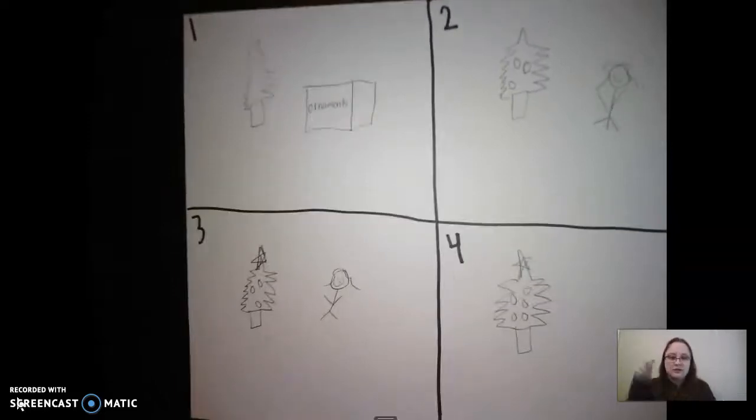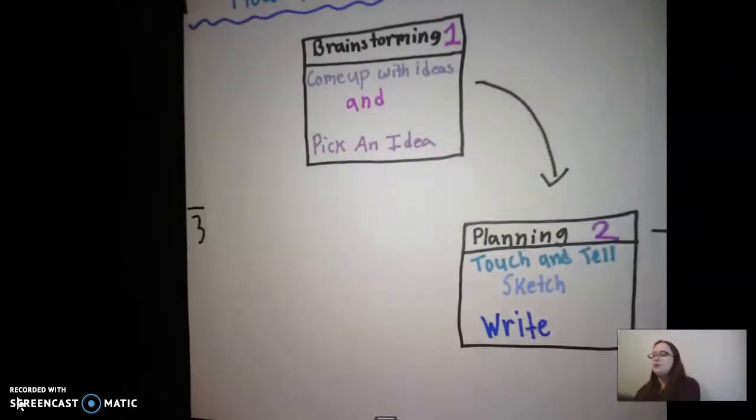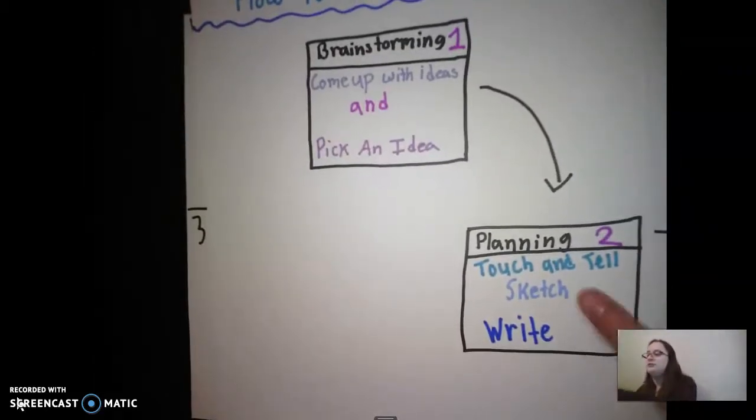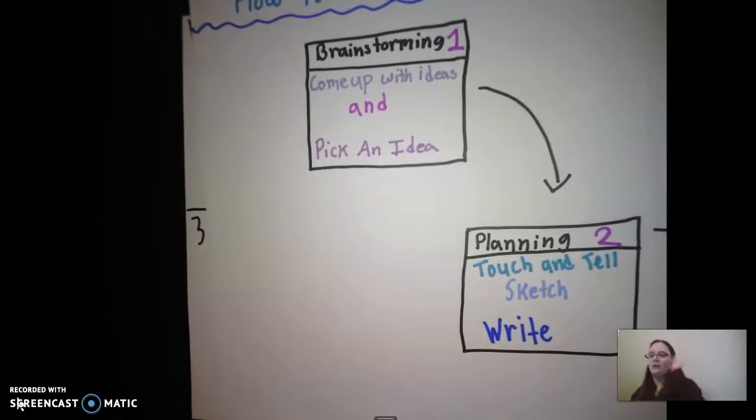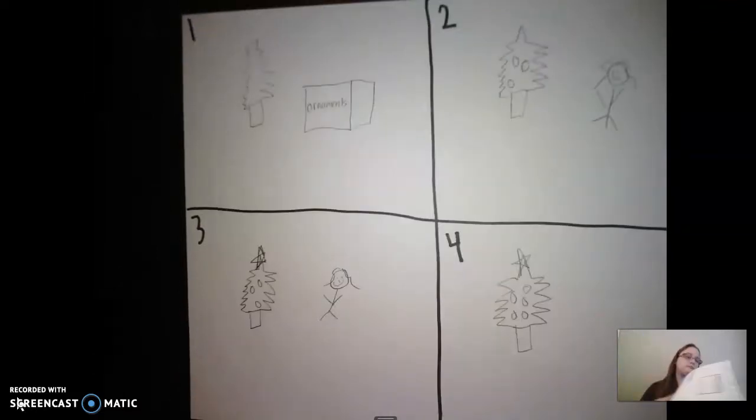So sketches are super quick like that. So friends, just that fast, we've already completed 2 steps in our planning phase. We've done the touch and tell, we've done the sketch, now we're going to write. And friends, remember, when you're writing, not everything has to be spelled perfectly.